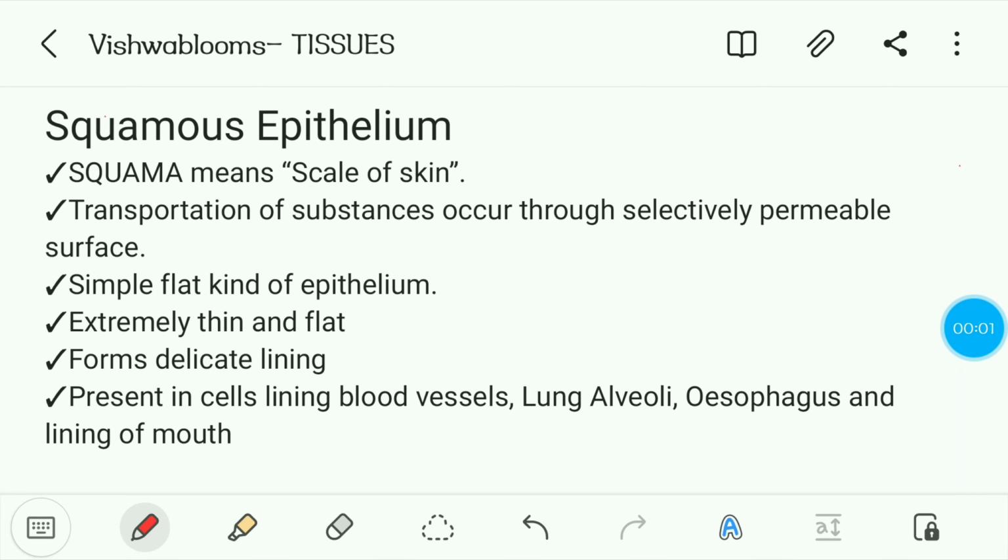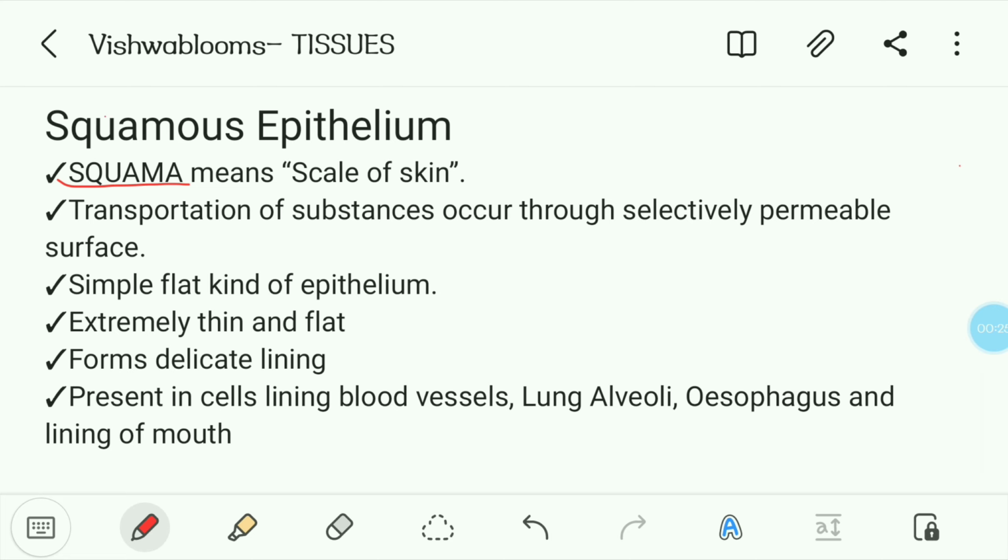First we will discuss the squamous epithelium. In this word squama, what is the meaning? It is scale of skin. Now this is the outer covering, right? So the things have to be transported between the external environment and the internal environment.